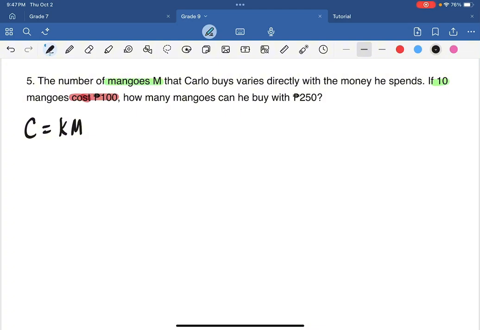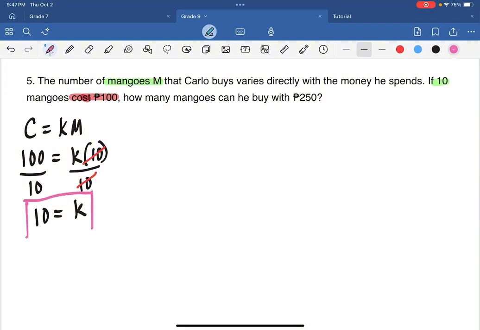Now, the value of C is 100 pesos equals K times the number of mangoes in the first part, which is 10. So divide both sides by 10. So cancel 10 here, because again, we need the coefficient of K to only be 1. And 100 divided by 10 is 10. And this is our constant.